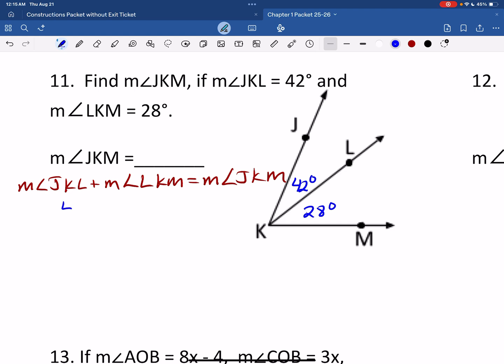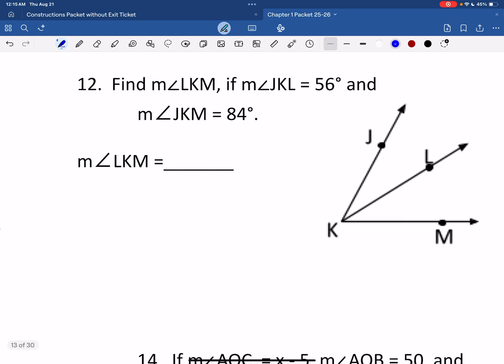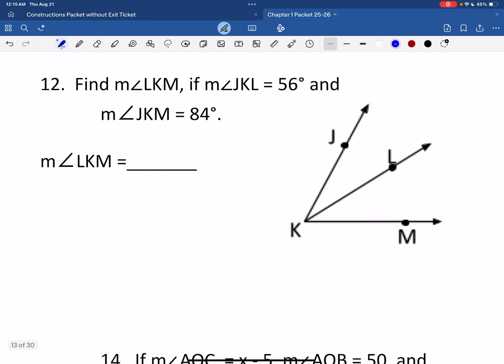So I know that 42 degrees plus 28 degrees is equal to the measure of angle JKM. So these two add up to 70 degrees. All right, I want y'all to come over here, and I would like y'all to do number 12. Now be careful about where you put the 84.